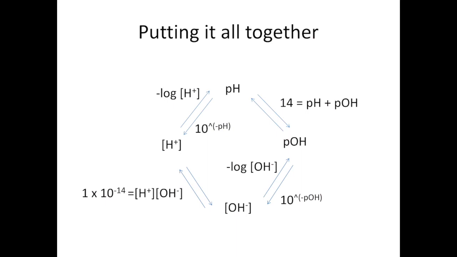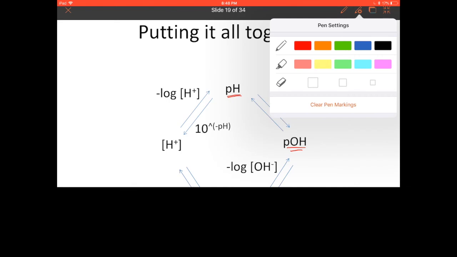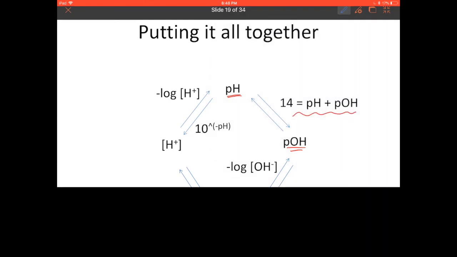We can essentially take one value, if you're given pH, or if you're given OH minus, or whatever, and we can convert to all the other ones. If you're given pH, and you need to go back and forth from pH to pOH, you're just going to subtract from 14. We're going to use this relationship here.